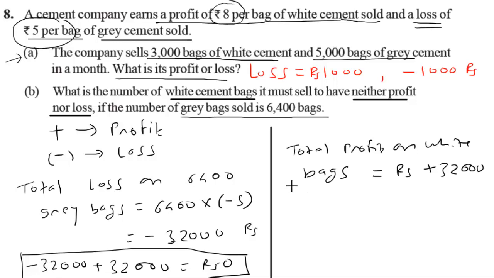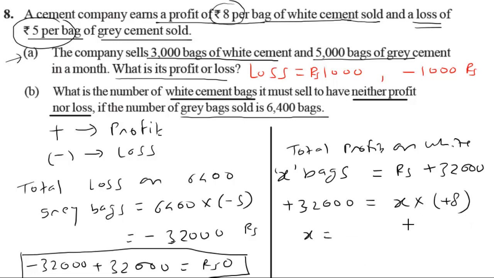Suppose the company is selling X number of bags. So the total profit will be positive 32,000, which is X number of bags multiplied by the profit of 8 rupees per bag. So 8X is equal to 32,000.